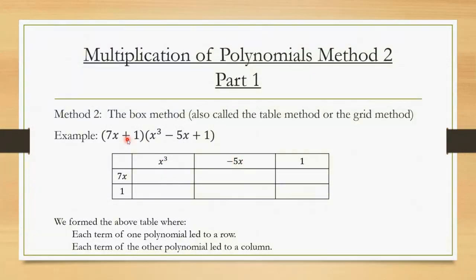And from the other polynomial, each term is going to give us a row, as you can see. Okay? So we have these rows and columns, right? That's what I have here.